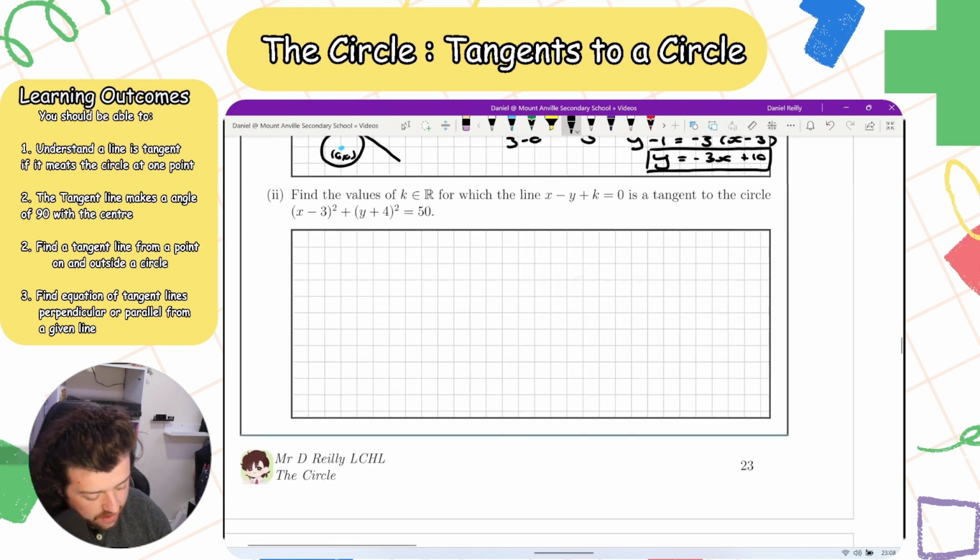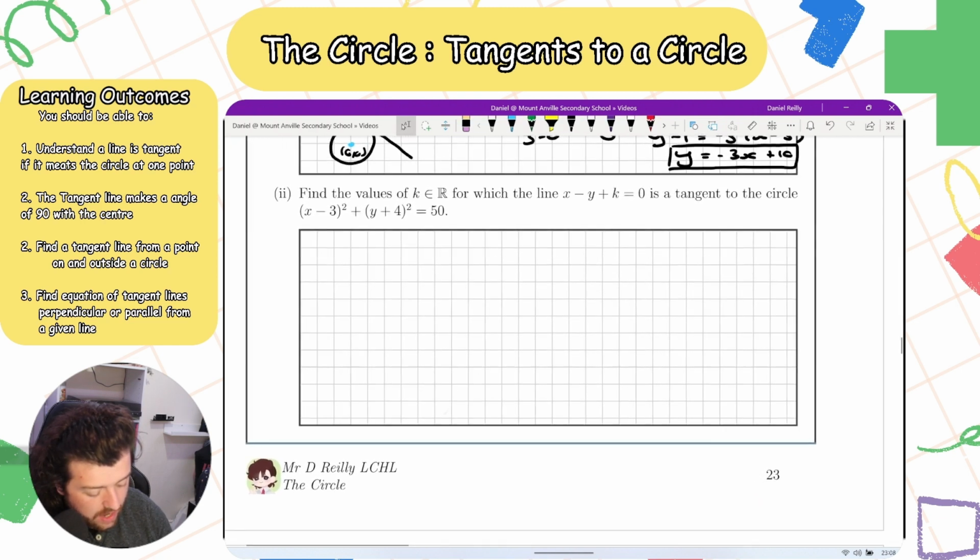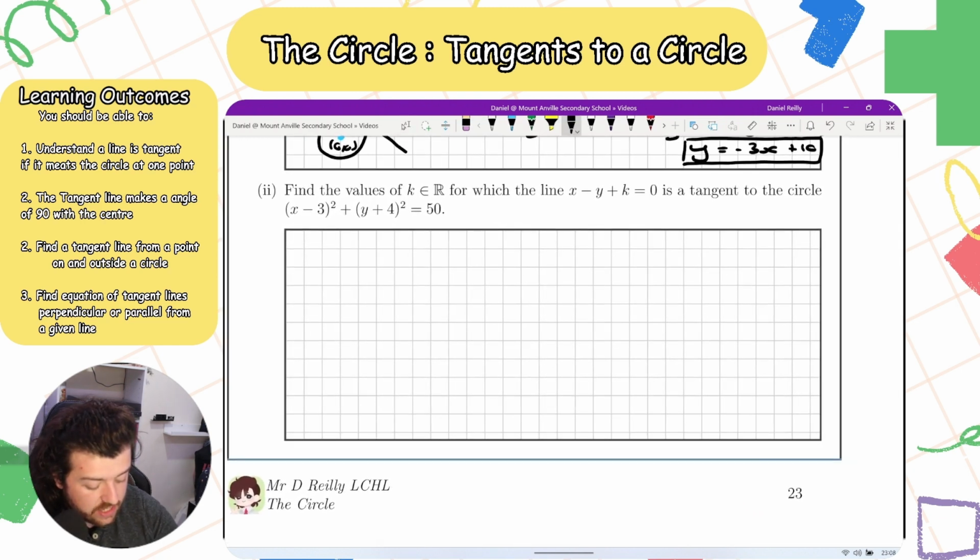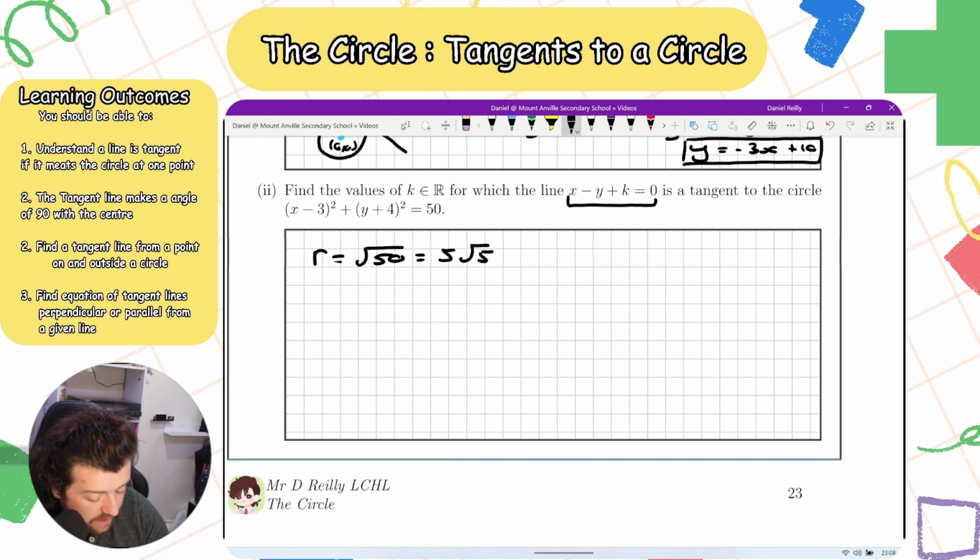Find the values of k for which x - y + k = 0 is a tangent to this circle. So again, this is a tangent to the circle if the perpendicular distance is equal to the radius. So the radius in this form is going to be equal to root 50, which breaks down to 5 root 2.